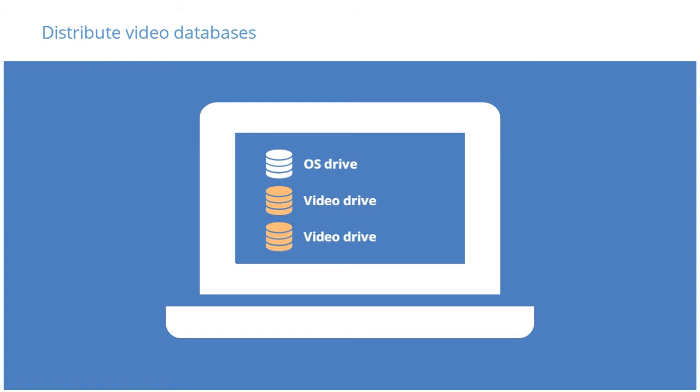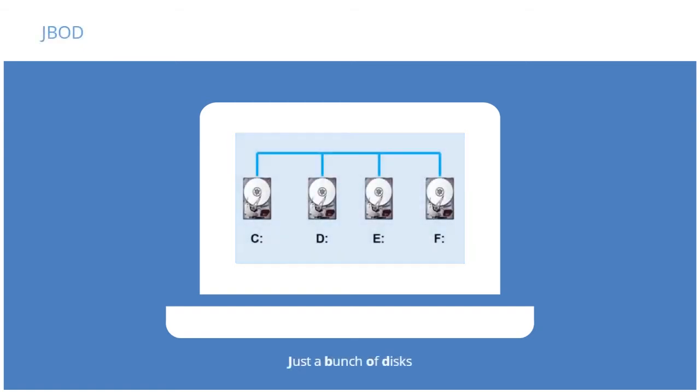Writing to several or many disks instead of one or few will allow your XProtect system to be able to support more cameras, more clients streaming live and recorded video, and higher quality video streams. Just a bunch of disks, JBOD, is the technology in most desktop computers, where drive letters such as C, D, E, and F are commonly seen.